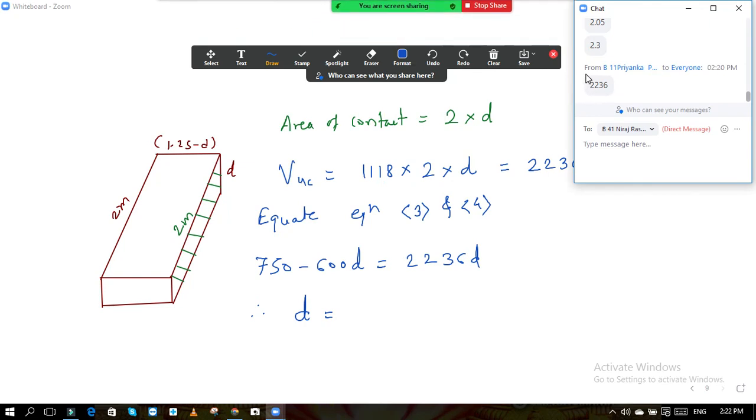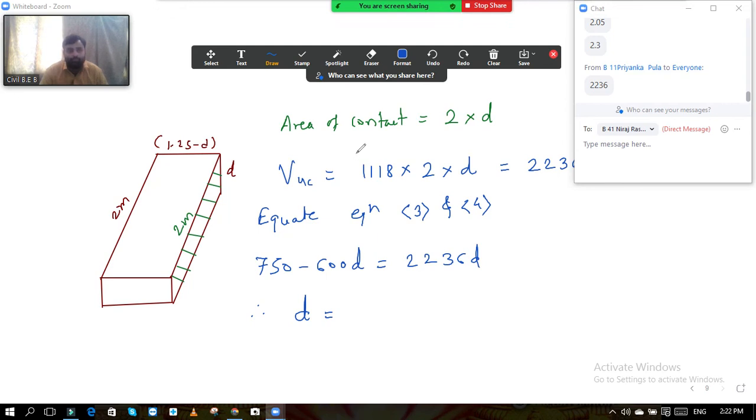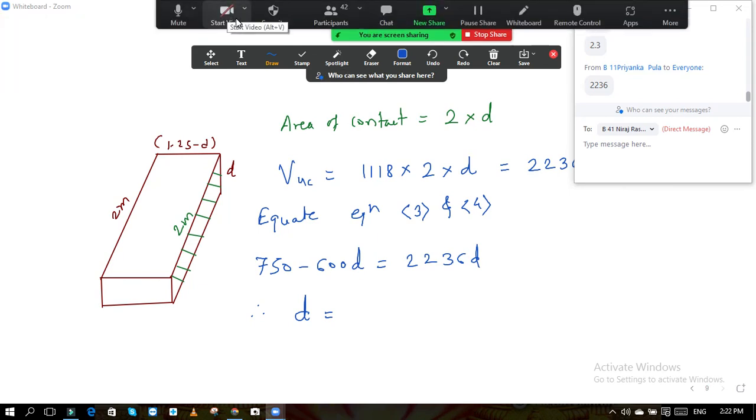Tell me the value quickly. Let me know the answer. What is the answer? 0.260.